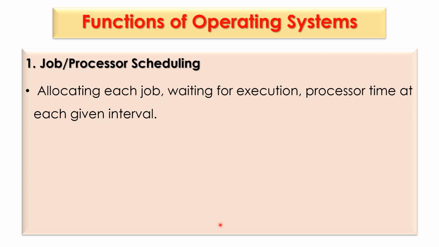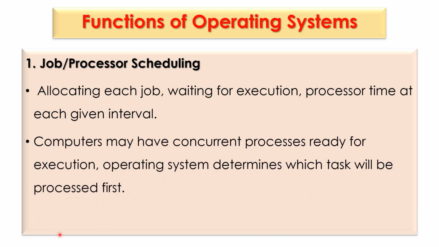Now, computers may have concurrent processes ready for execution, so the operating system determines which task will be processed first. So the computer can have a number of jobs or activities to be done, and the operating system says which job should be done first.